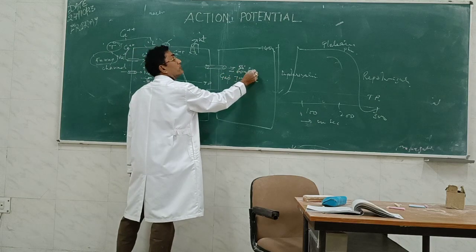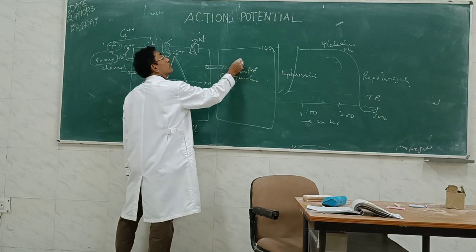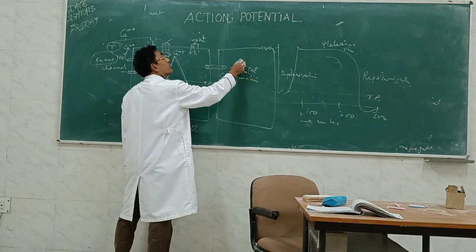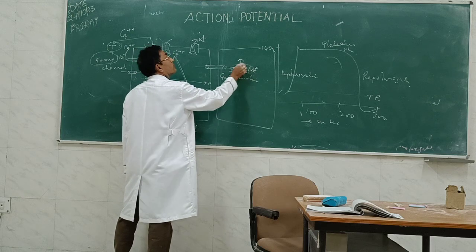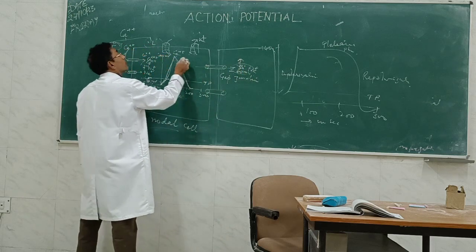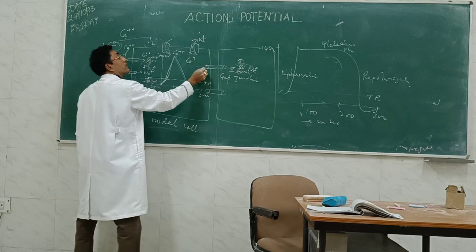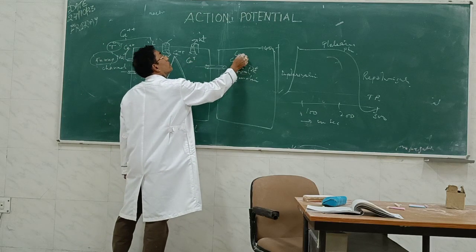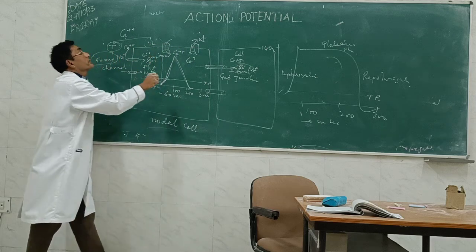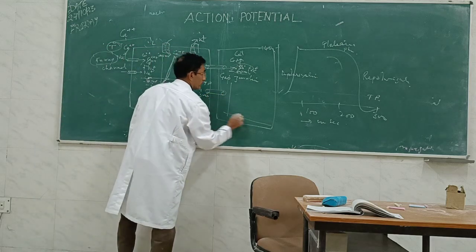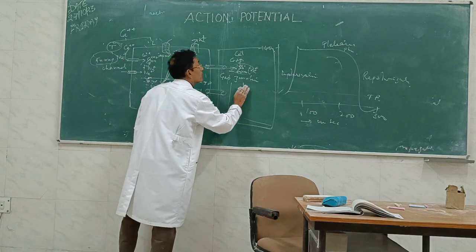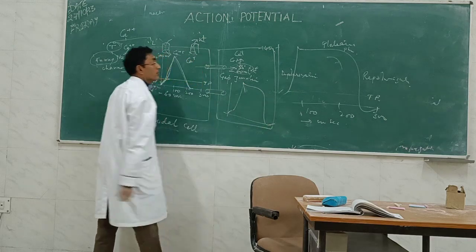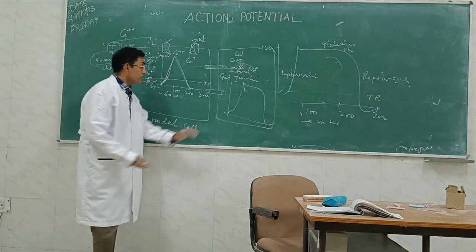Here also there is an entry of sodium, and then an entry of calcium ion. So ultimately there will be stimulation of the L-type calcium channel, and here also we can see the generation of action potential in the contractile cell.